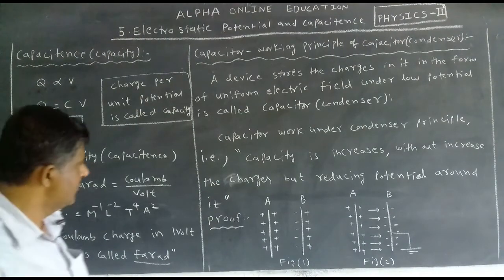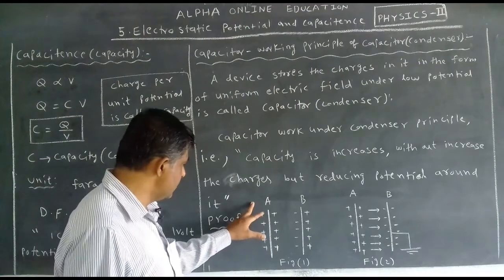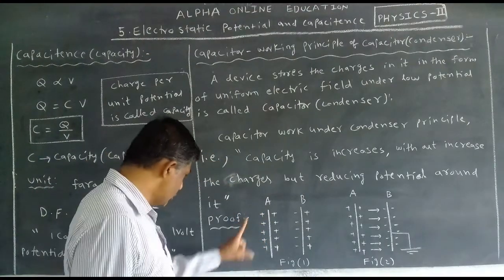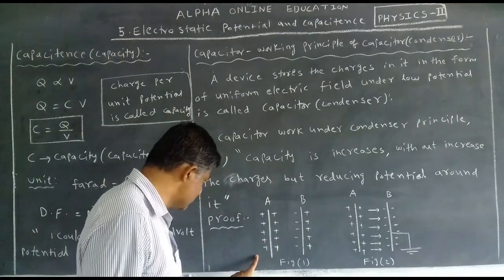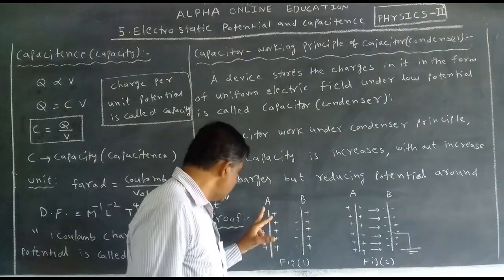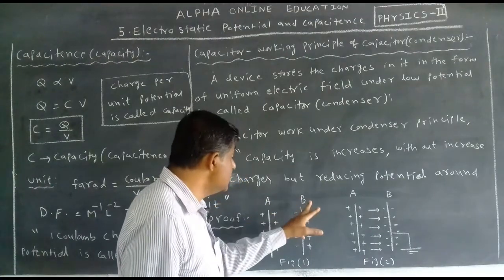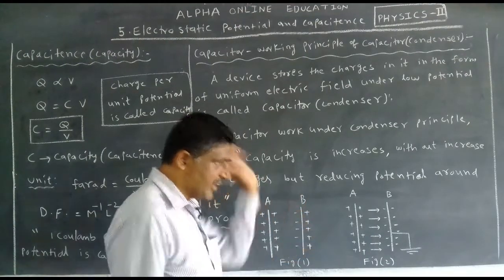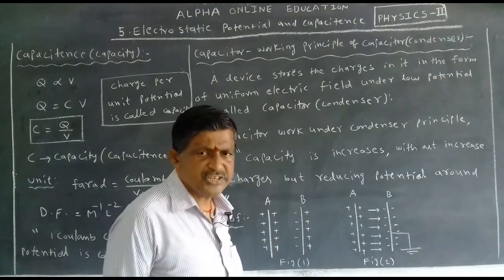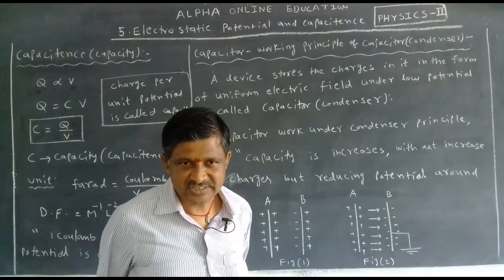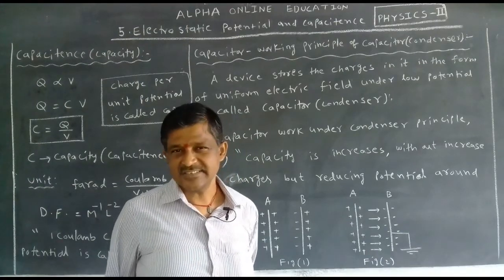For that, we take one charged plate A, a totally positively charged plate. Near to the positive charged plate A, an uncharged plate is taken. Uncharged plate means the number of positive charges and negative charges in it is the same.